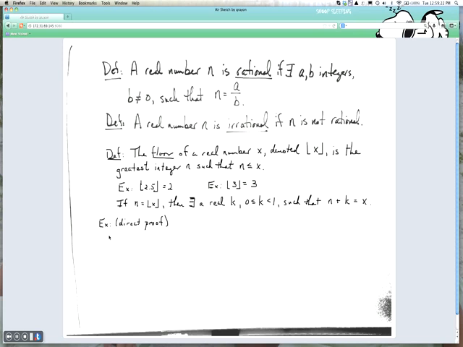Let's say that I want to prove something like this. That the sum of two even numbers is even.